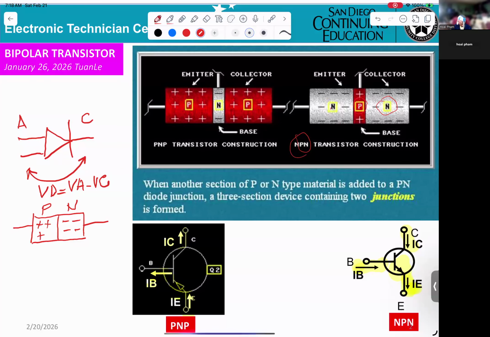So when the P side is higher than the N side by 0.6, 0.7 volt, the electrons from the N side will move to the P side. That's why you get the current.